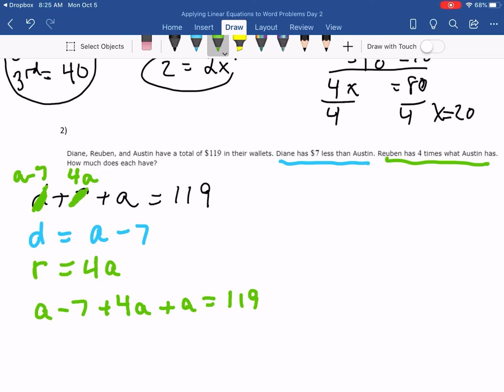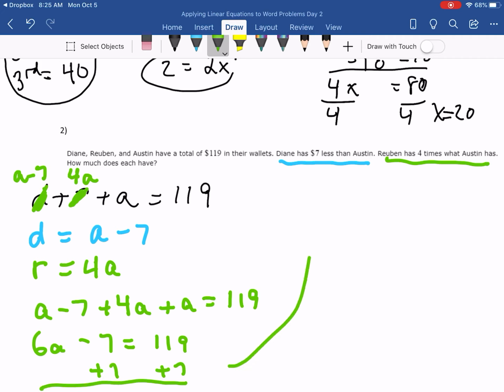So with our like terms, 6A minus 7 equals 119. Add 7 to each side. Okay, let's come up here. 6A equals 126. Divide each side by 6.